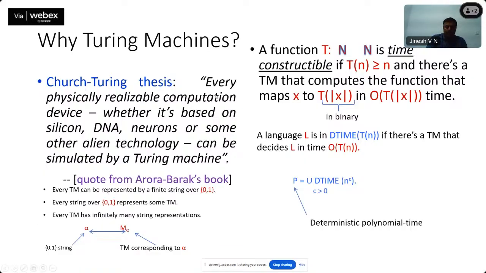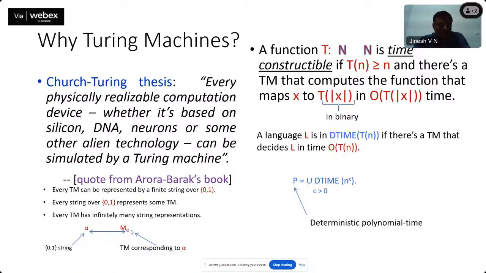So the Turing machine again, if we are going for algorithm design, as of now we have seen that if we have a string, we can represent it using a Turing machine. Here the string is a program, which is an algorithm.